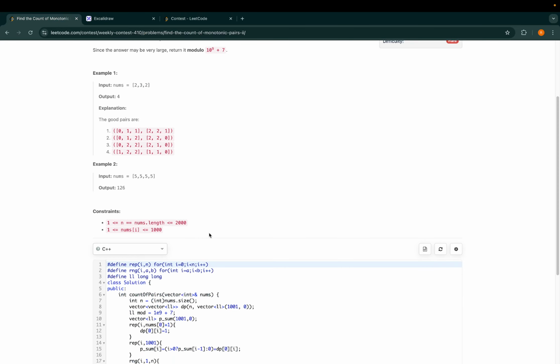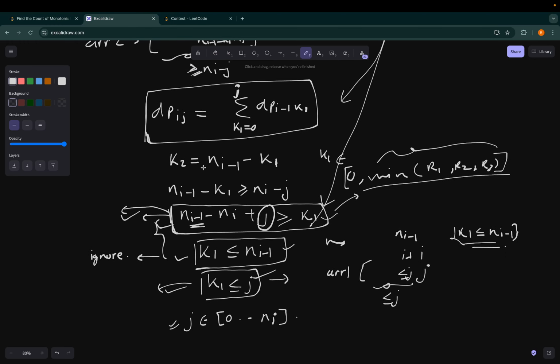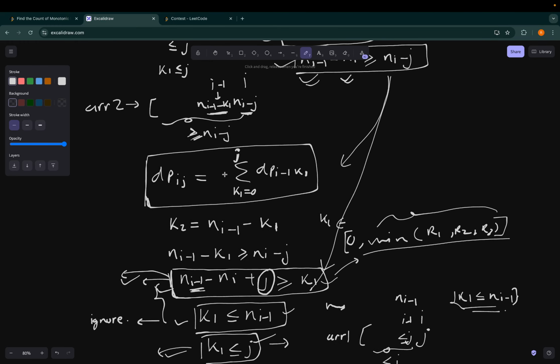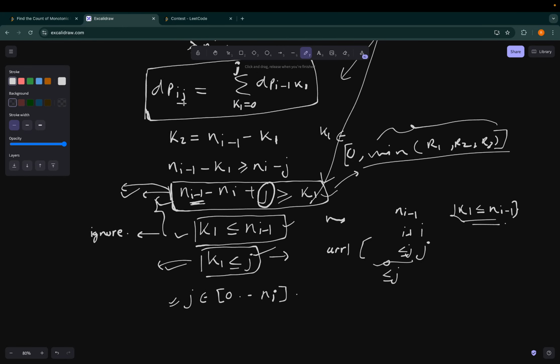Let me jump to the code. So that's what I've done. I eliminated the third variable and put 1001 till here. One more important optimization: this guy solves in O of n square, but in order to calculate it, you require one more O of n.